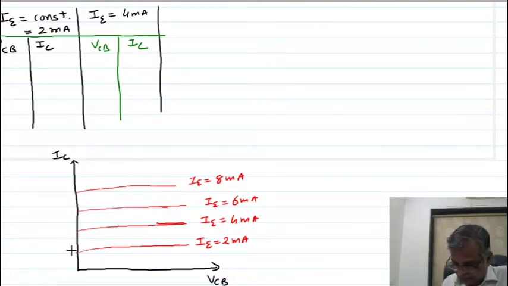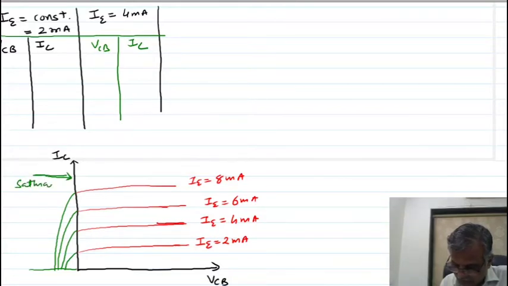So, you will get this kind of graph. If you keep both the junctions in forward bias, then this can also be obtained. This is called the saturation region.